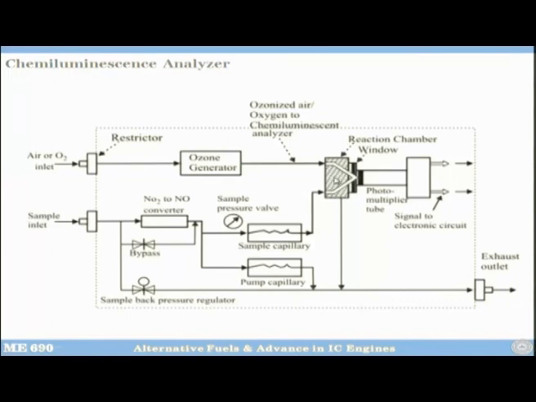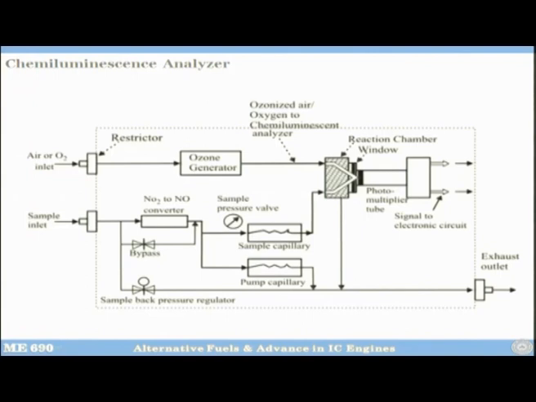So, now NO reacts with the ozone, and then it will generate NO2 in excited state, and that excited state will finally become NO2 normal plus photon, and that photon there will be some reactor window and that photon will fall on this photomultiplier tube.